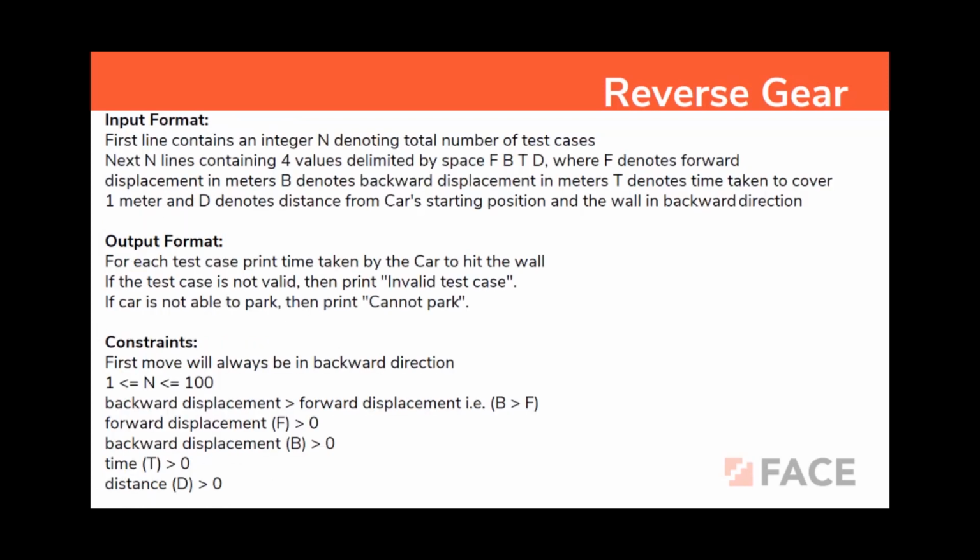If you look at the constraints, the first move will always be in the backward direction. Though the input has F first, B is the one that happens first: the car always moves in the backward direction first and then in the forward direction.